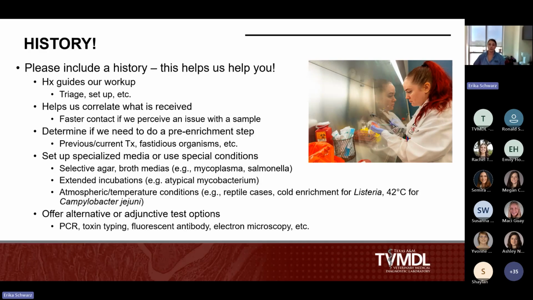We have a lot of different testing options, and sometimes you don't even know what we might have on hand that we can set up for you. So more history is always better. We're never going to dissuade you from including a history on the submission form. If you can't fit it all in that little box, feel free to attach an extra document or a page or whatever. We're just happy to receive a history.